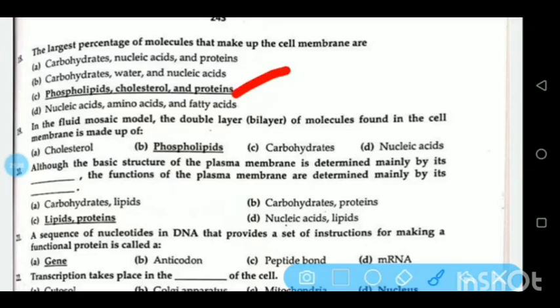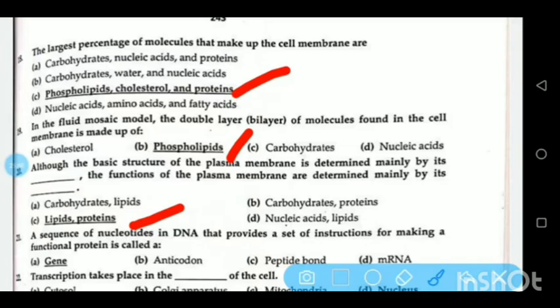In the fluid mosaic model, the bilayer of molecules found in the cell membrane is made up of phospholipids. Although the basic structure of the plasma membrane is determined mainly by its lipids, the functions of the plasma membrane are determined mainly by its proteins.